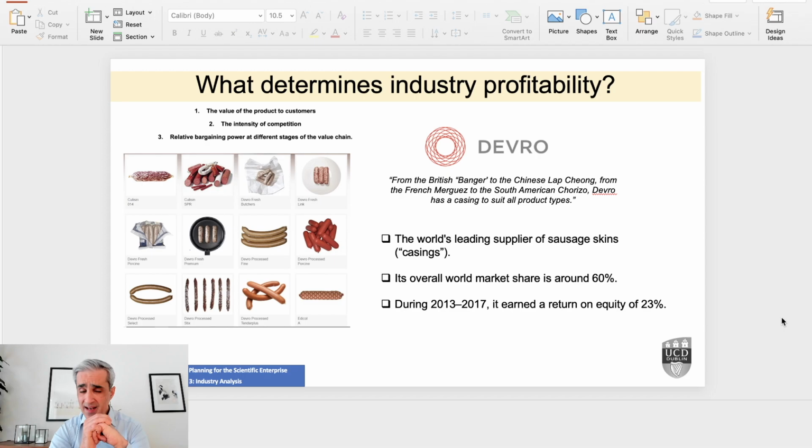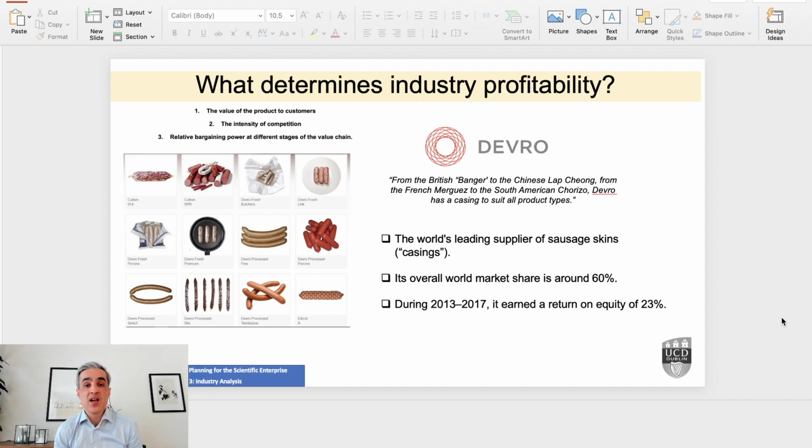Also, the key thing here is what we were saying before, the intensity of the competition. They each have 60% of the overall market. That is a lot. That means that the competition is quite small. And this is great. When you have very few competitors, then you have more bargaining power over sausage producers.